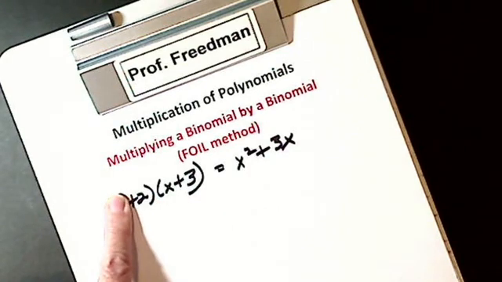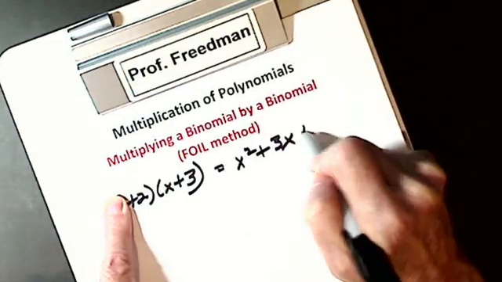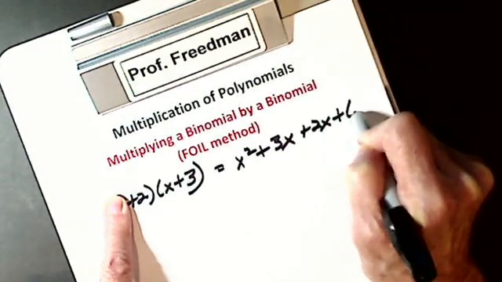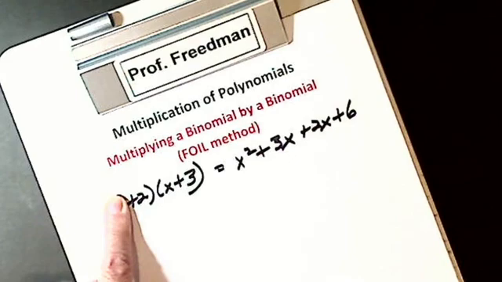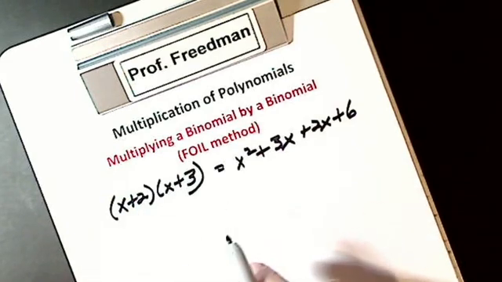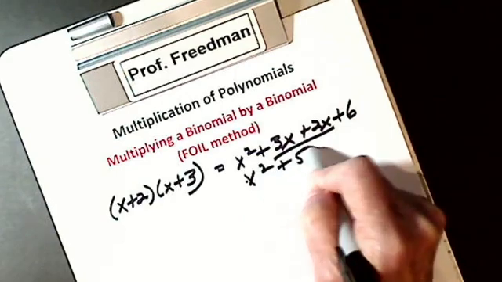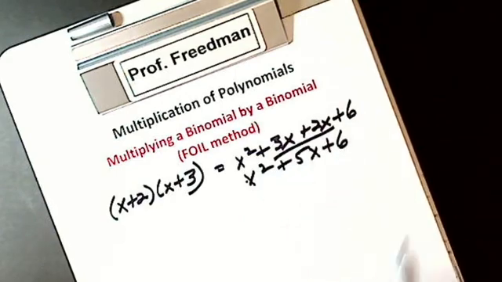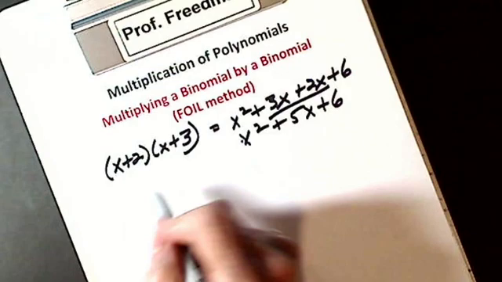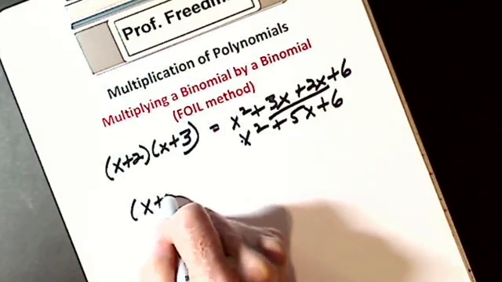Then if I covered up my x and distributed my 2, I'd get plus 2x plus 6. Then I'm not done. I multiplied. I combine like terms and I get x squared plus 5x plus 6. But we're going to have to do it by the FOIL method.